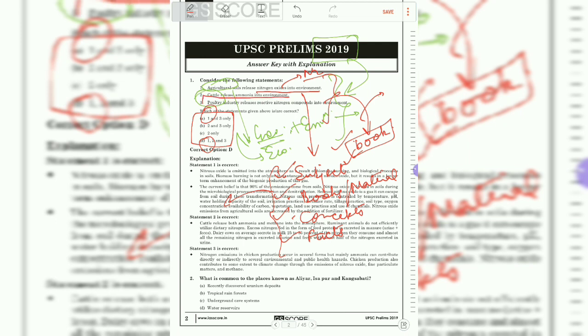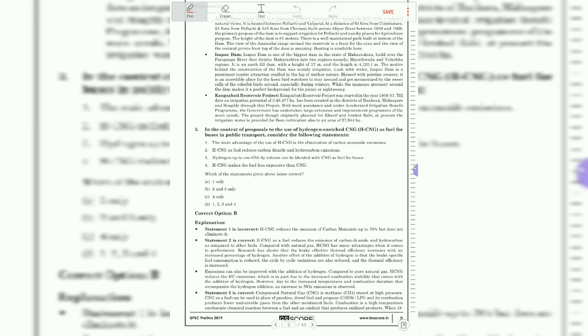Ammonia into the environment from cattle, ammonia is also in urine, so obviously this is not a big deal. So 2 is right, then this will be the right answer. Okay, the next question is about water reservoirs. It's a factual question. We'll go to the third question.